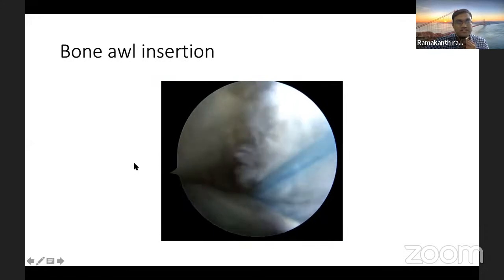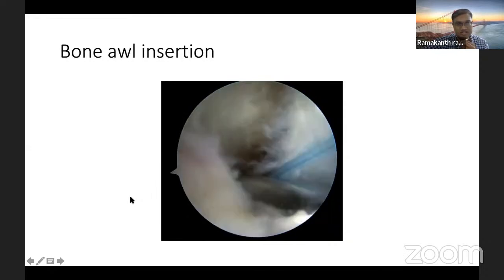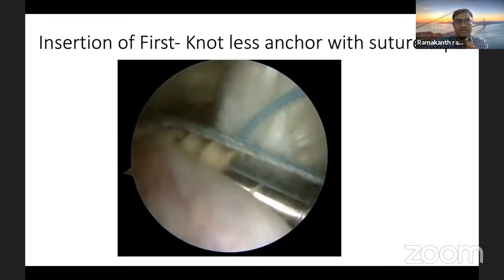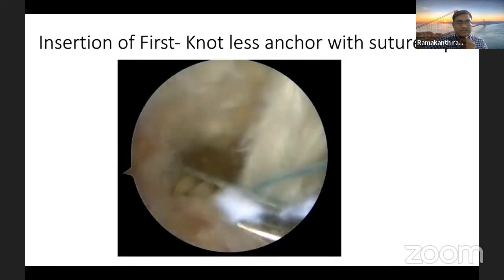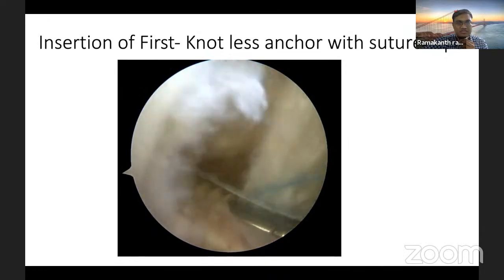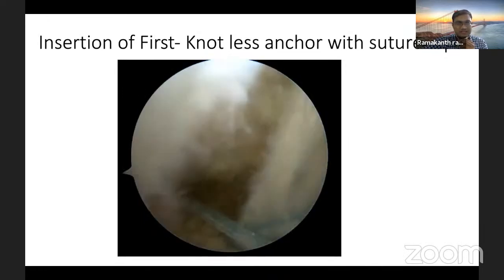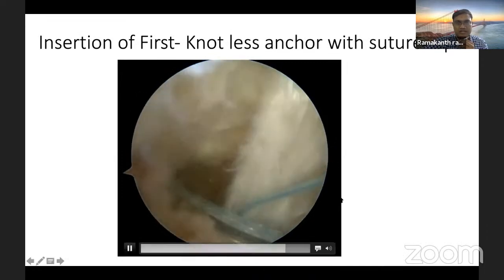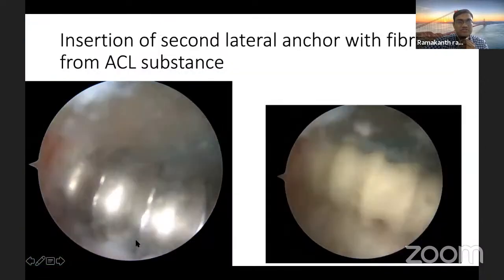So this is the bone awl for the insertion of the knotless suture anchor for the AM bundle. And in this picture, we can see that the first suture along with the fiber tape was inserted at the footprint of the AM bundle. Next, the second sutures were taken in the PL bundle of the ACL for the second knotless suture anchor.